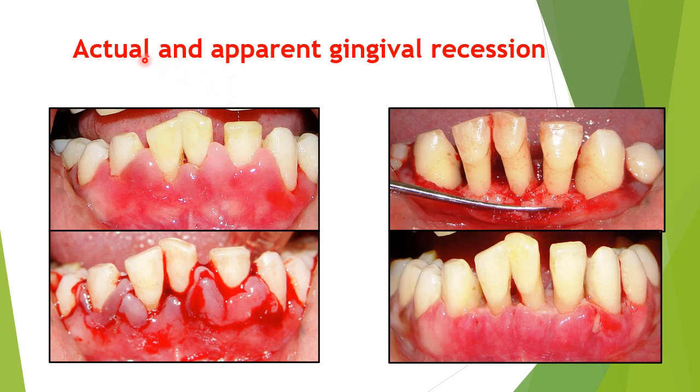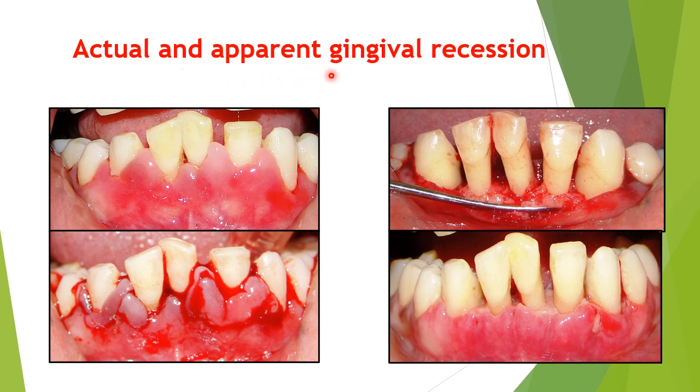But actual gingival recession is the level of the junctional epithelium, because we all know that attachment starts at the CEJ. And if the junctional epithelium migrates apically and there is periodontal pocket formation, that is actual recession.